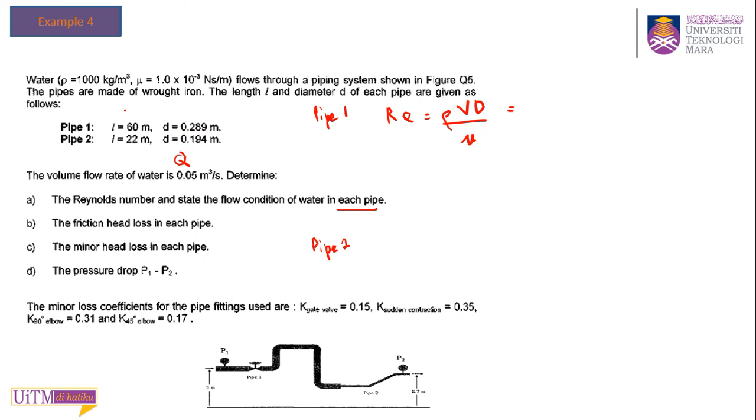For pipe 1, the velocity will be equal to 0.05 divided by pi times 0.289 divided by 2, which is 0.1445, squared.